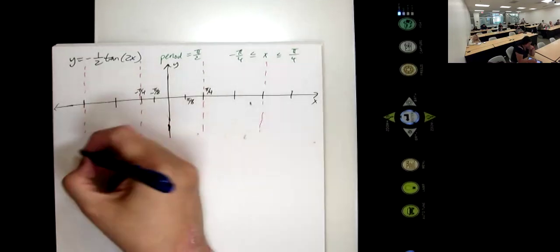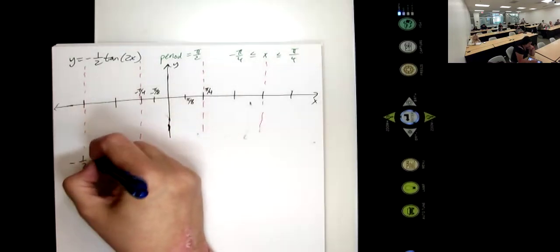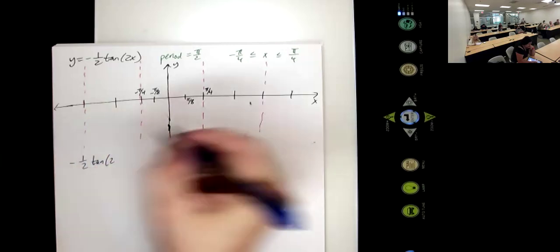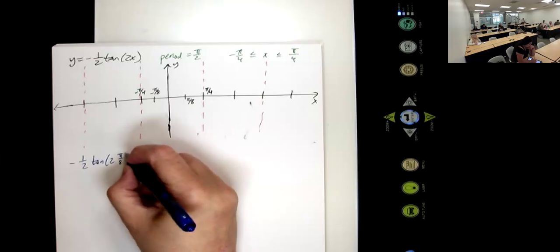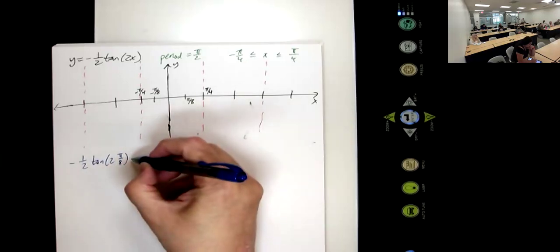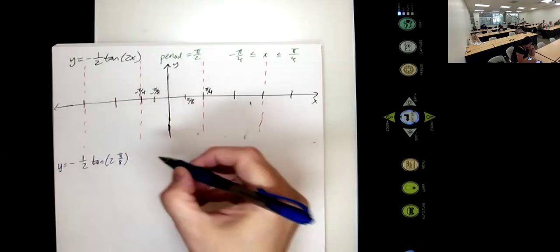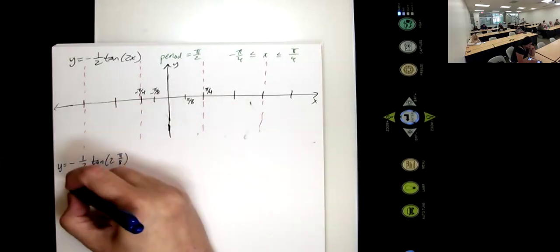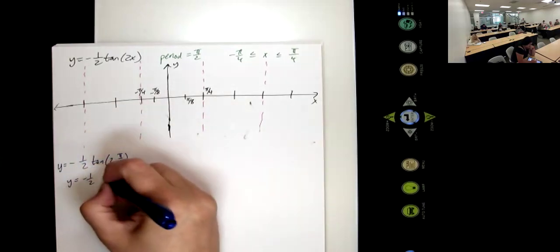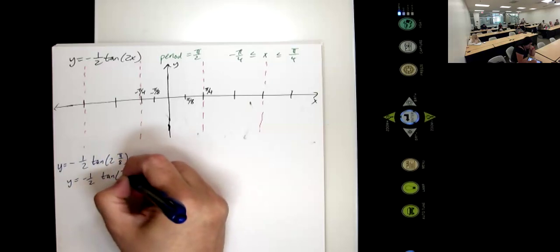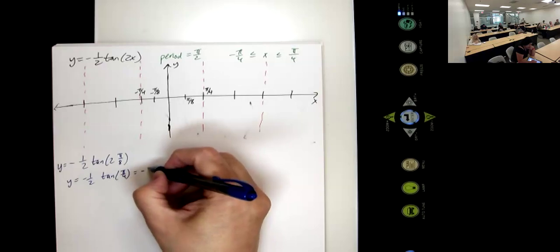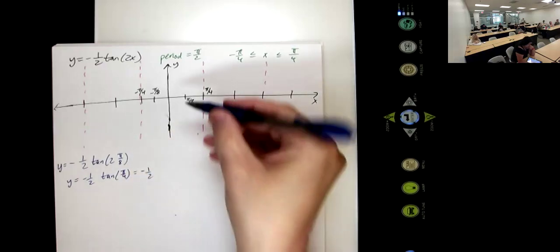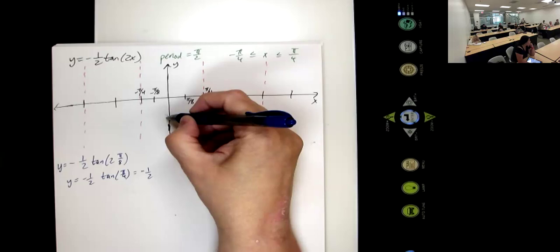Let's take a look at negative 1/2 tangent of 2 times pi over 8. So y equals negative 1/2 tangent of pi over 4. Tangent of pi over 4 is 1, so this is negative 1/2. So at pi over 8, we're going down to negative 1/2.